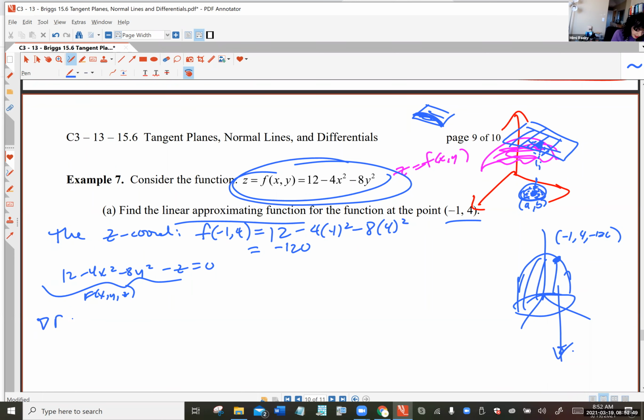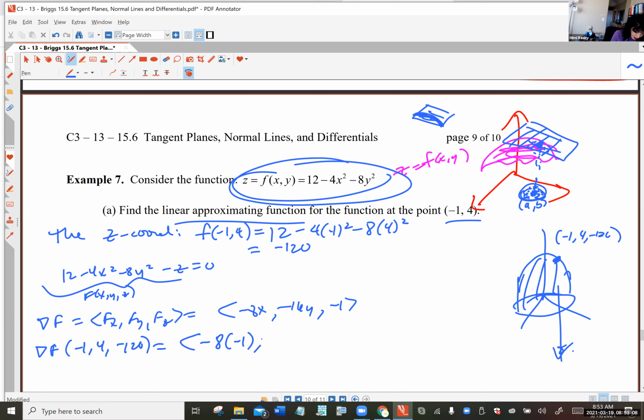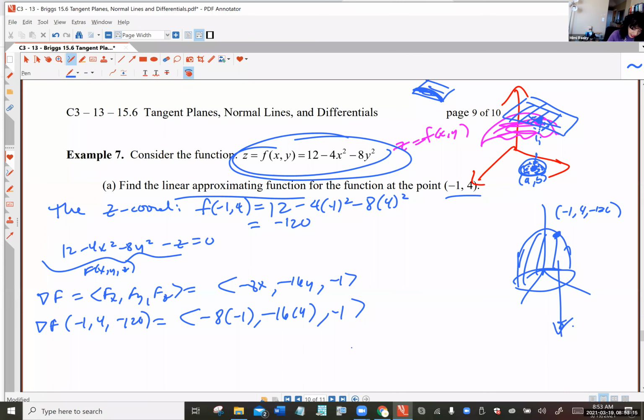So my gradient, del F, which consists of the partials, is going to be negative 8x, negative 16y, negative 1. And when I evaluate it at the point negative 1, 4, negative 120, I get negative 8 times negative 1 for the first component, negative 16 times 4 for the second component, and negative 1 for the last component.